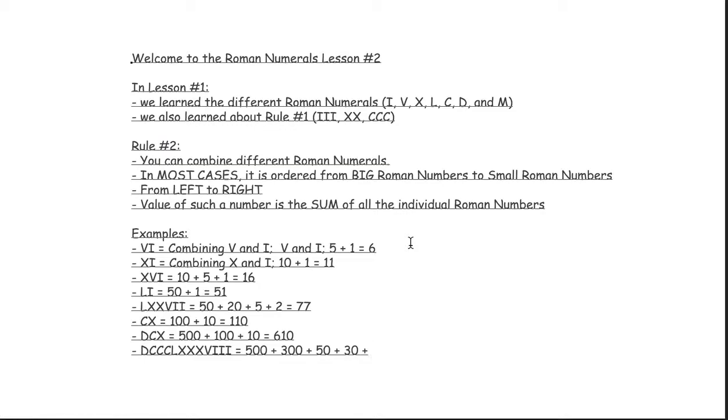Then we have V, which is 5. And finally, we have I. The value for one I is 1. It's repeated 3 times. So 3 times 1, which is 3. So that value is 888. If you add all that, that's what you get.